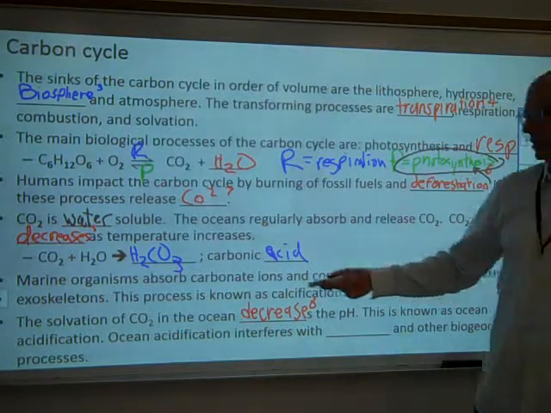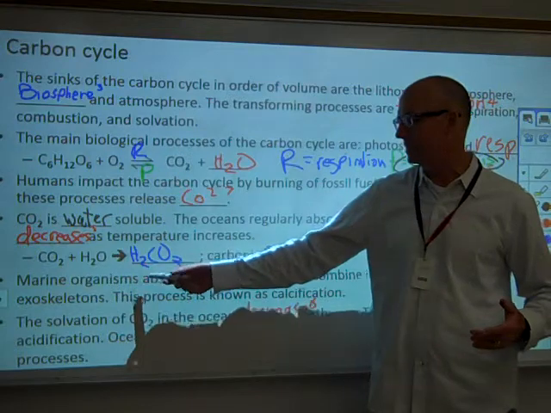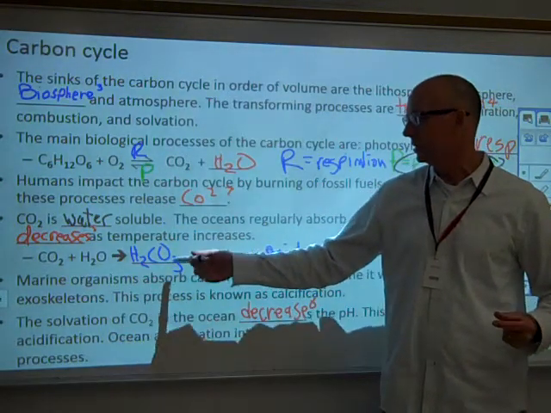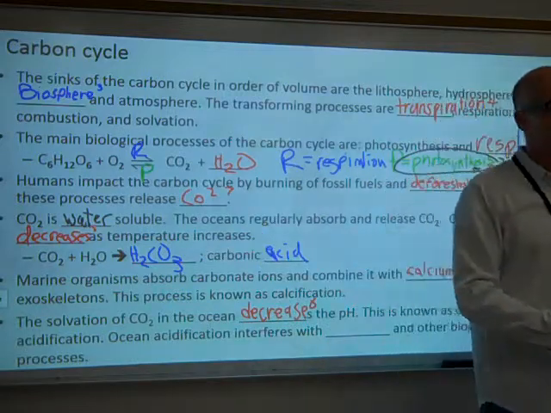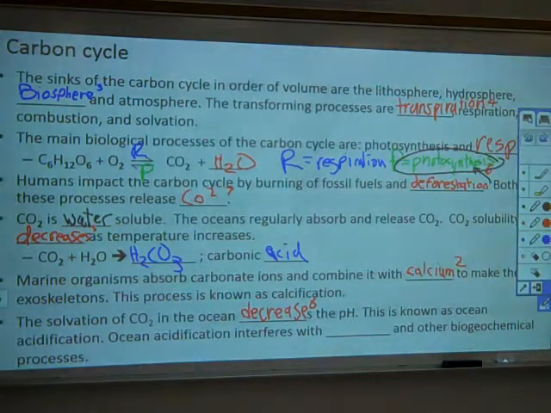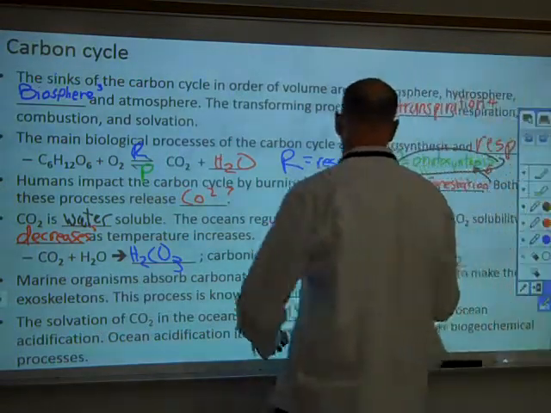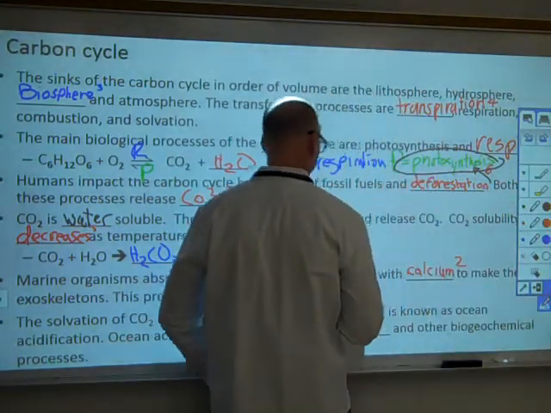So as an acid, I don't want to get into the details of acid-base chemistry, but the H's are going to come off, and then this CO3 ion is going to be dissolved in the water as what we call a carbonate ion. Okay. This is good because those carbonate ions, let's go ahead and write that in there in case you forgot your chemistry.